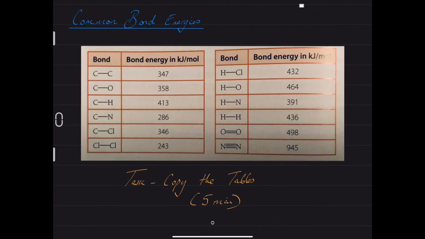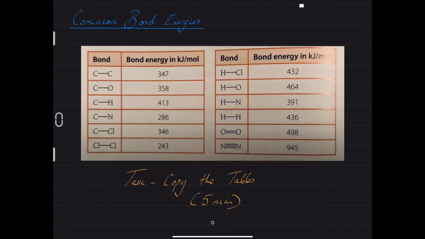So I want you to copy down this table in your notes and make sure that you take it clearly, clearly identifying the bonds, whether it's a single bond or a double bond. And can you also make a note of the unit, kilojoules per mole, because this will also be very important later on. So can you take down both of these tables?